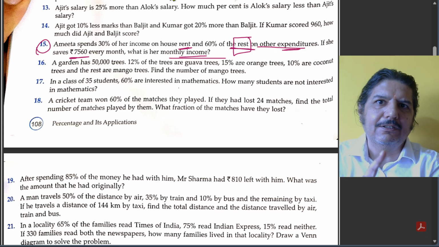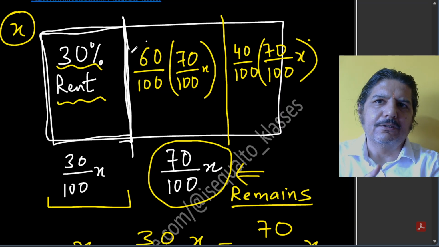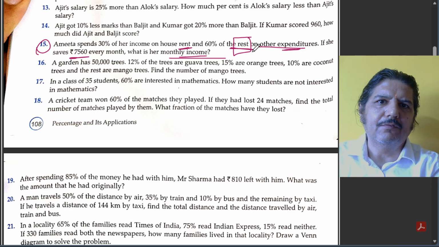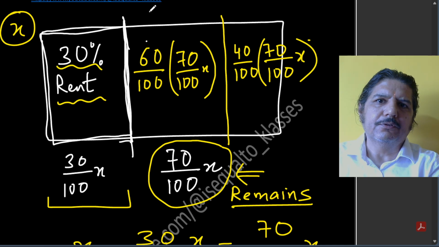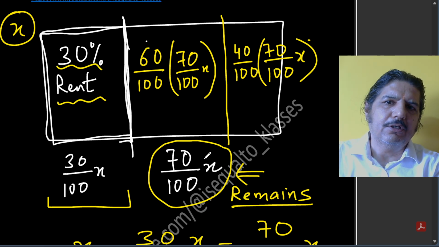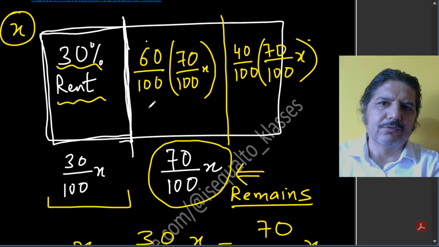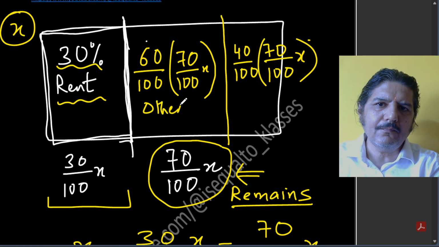Now 60% of the rest on other expenses. So this rest is this 70 upon 100 x. So 60% of 70 upon 100 x, this is other expenses.